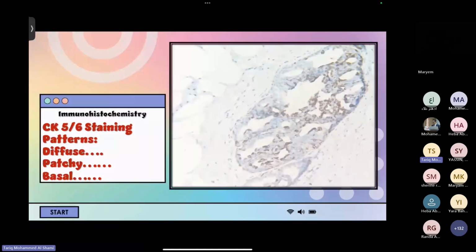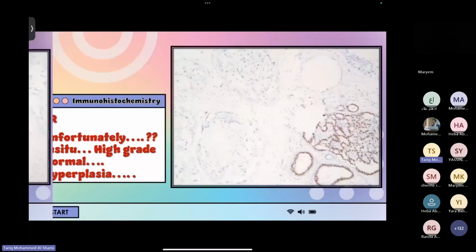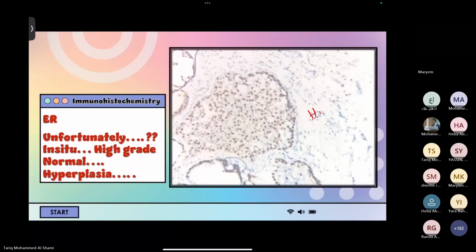We have now to go with ER, which is unfortunately negative for high-grade DCIS, but may be positive in some normal or hyperplastic ductules.